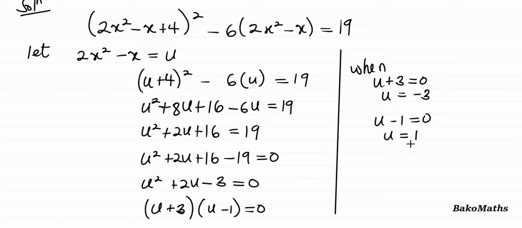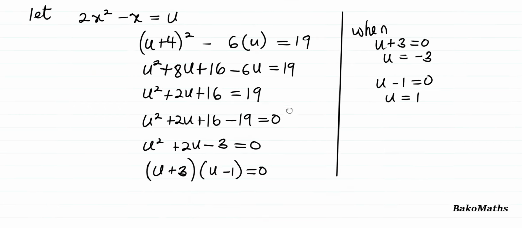But we are not looking for the values of u. Remember, the question said to find x. So now we have u to be −3 and 1, and that will help us find the value of x. Remember that we said we should let the expression 2x² − x be equal to u, and that will lead us to the value of x.